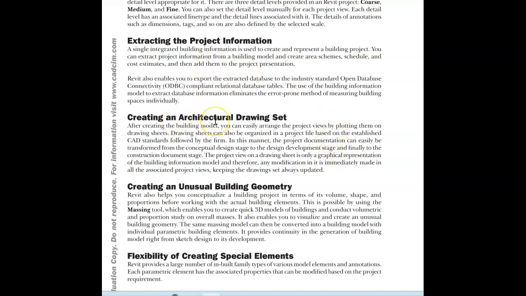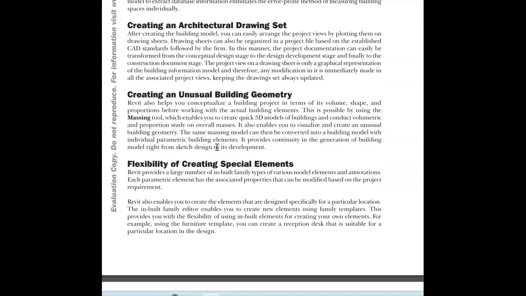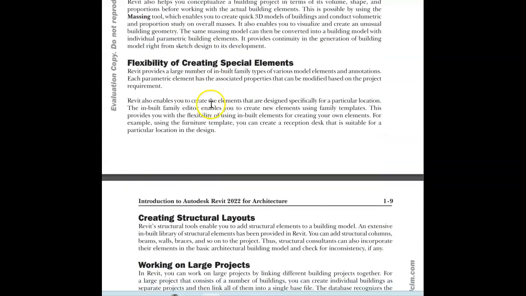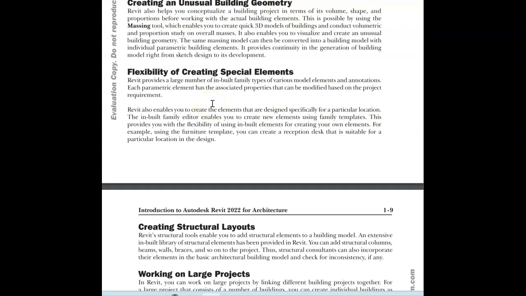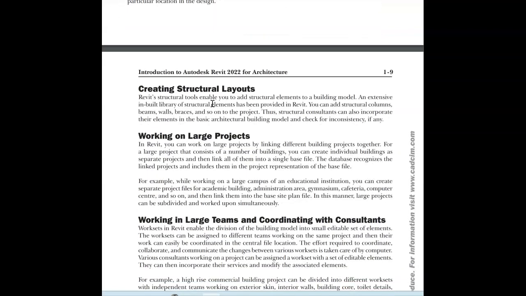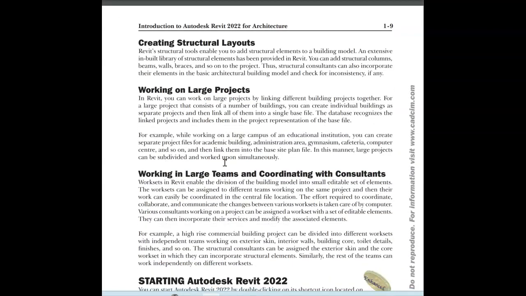We can create the architectural drawing set, and in EGDT 1100, you make the construction drawing set. But we're just going to be working on drawings for most of this chapter. Most of this semester. You have flexibility. You can create layouts, work on large projects, you can collaborate.